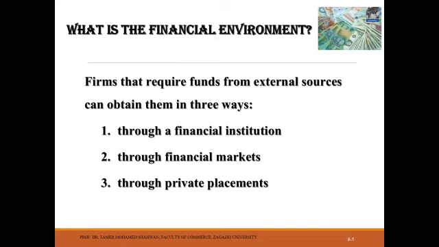Number one, through a financial institution. Number two, through financial markets. Number three, by issuing shares and securities through what we call private placement, when we are going to sell shares and bonds to specific groups of people or individuals.